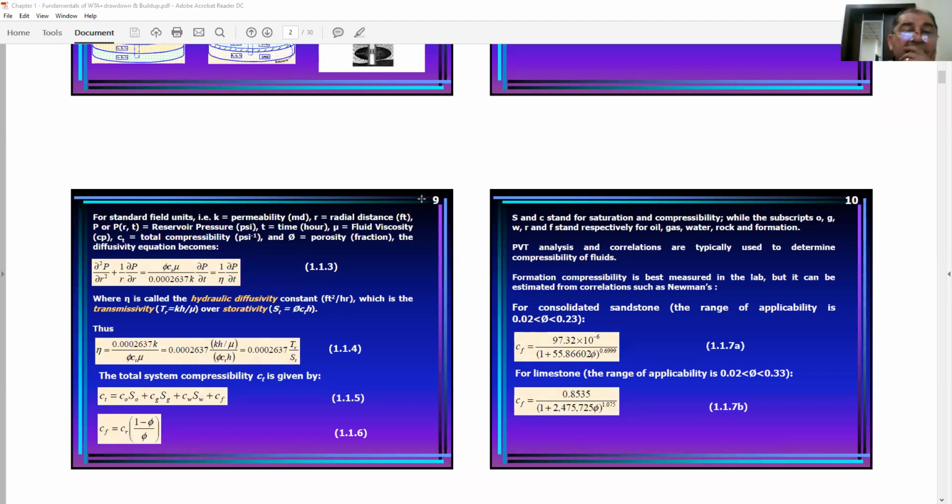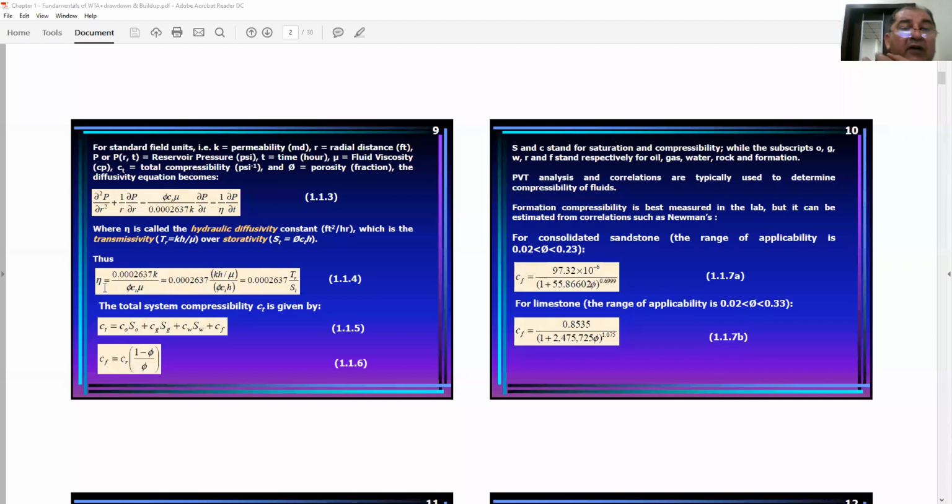Now I've been talking about the hydraulic diffusivity model here, as you can see. We have the transmissibility, we have the storativity. Also, in the diffusivity equation there is CT, the total compressibility.